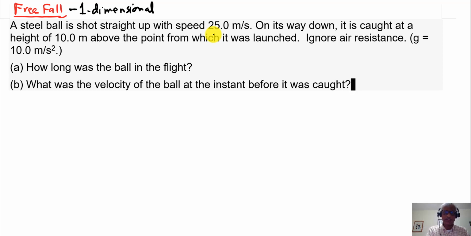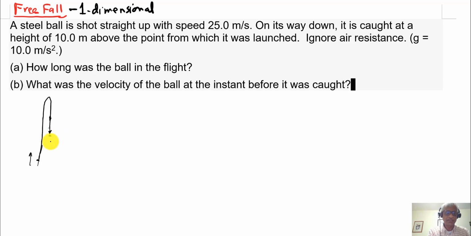So here, as I read, we should draw a picture like this. Somewhere here, the ball is shot up and it's going to go up and then come down, and it's going to get caught over here.